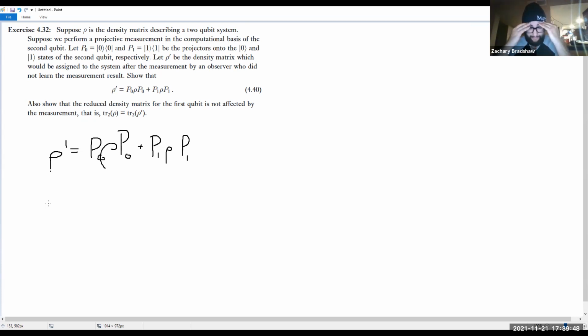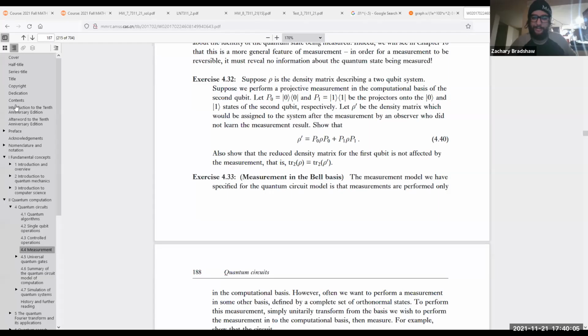And I think we have to use one of the postulates that tells us the state after the measurement. Oh, in the book? Yeah. I can also go grab my solutions that I worked out.